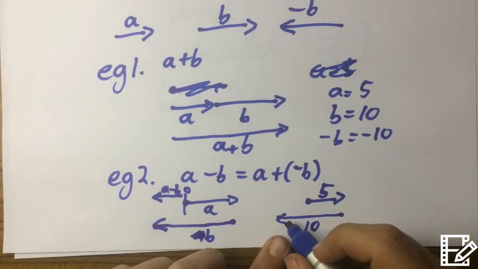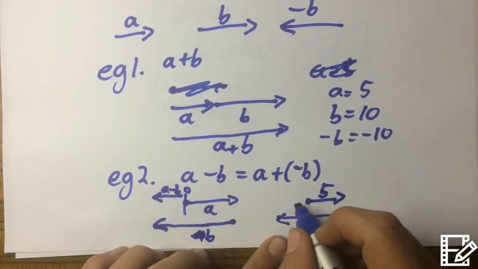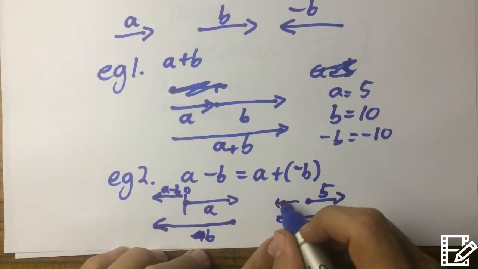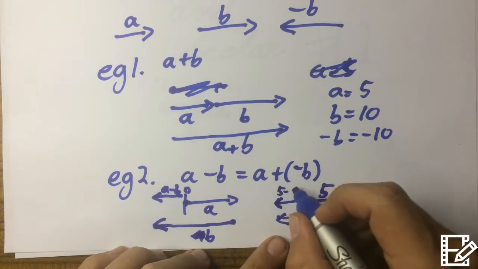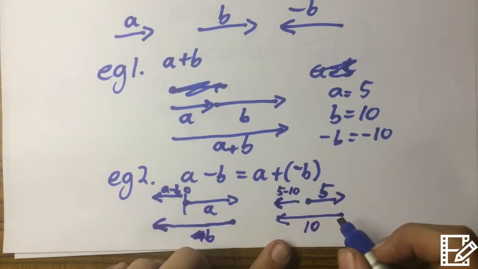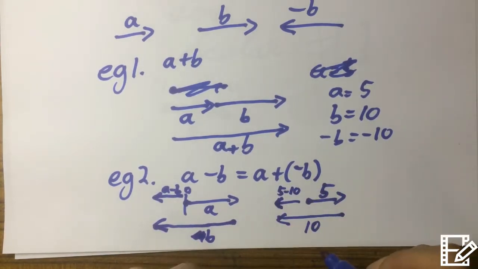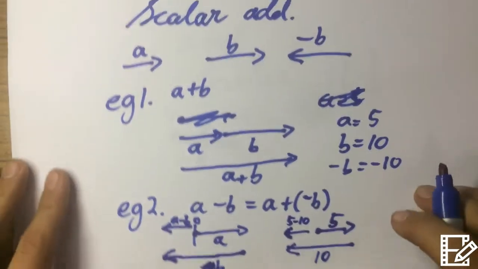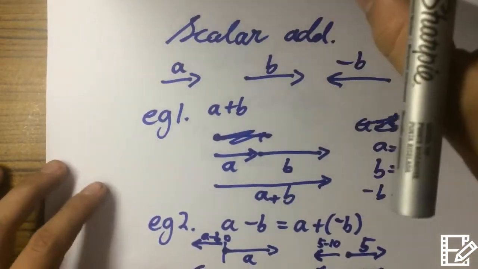It's going this way, 10. Therefore, this distance here must be 5 minus 10, or 5 plus negative 10. Hopefully that makes sense. Anyway, that's the basics of scalar addition.